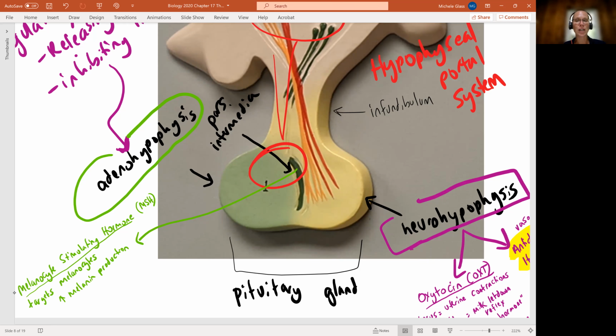You can get some darkening of certain areas of the skin in response to this MSH that's being produced by the pars intermedia. So we can think about this as our seventh tropic hormone if you want, although remember, it's actually being produced from the pars intermedia and not the adenohypophysis.